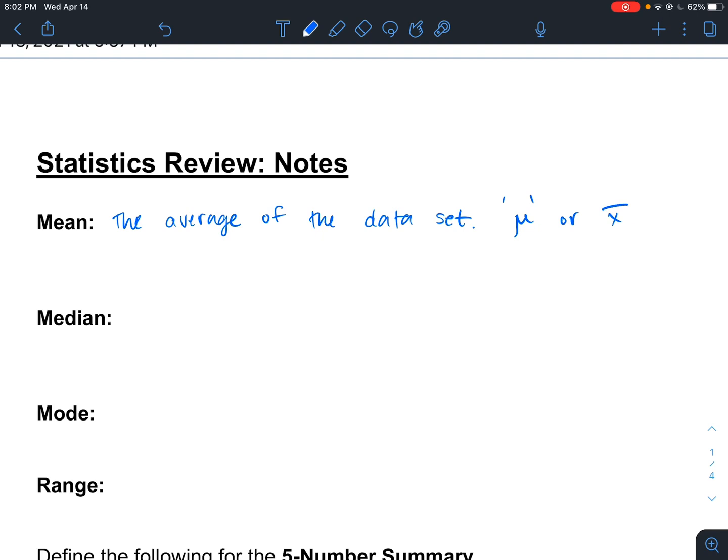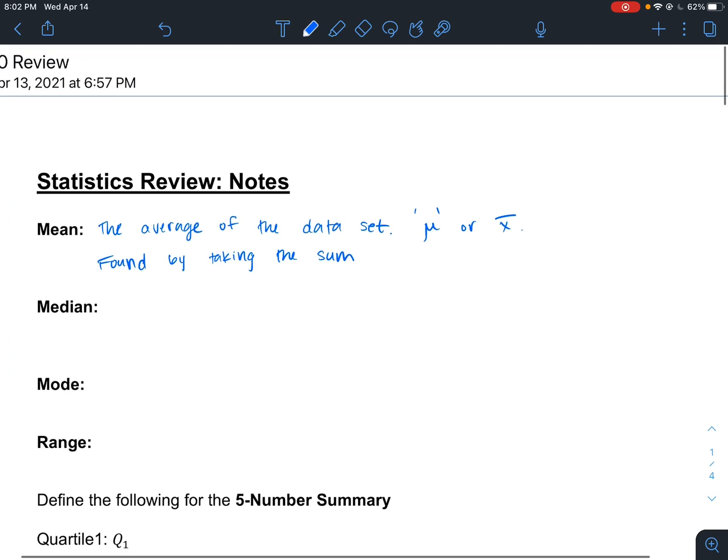Now, the mean or the average is found by taking the sum of all the data and dividing by the population size or sample size.